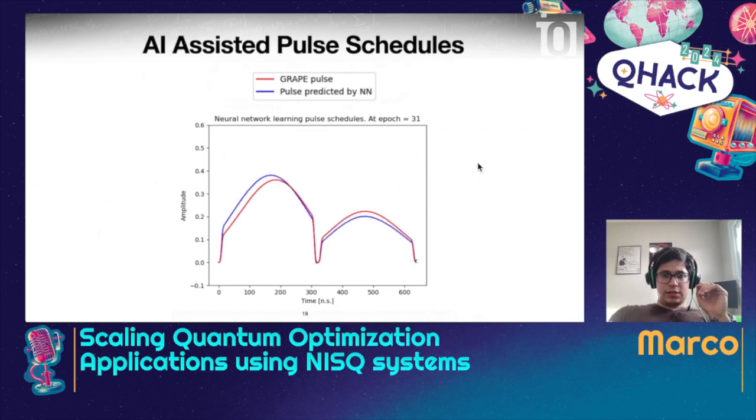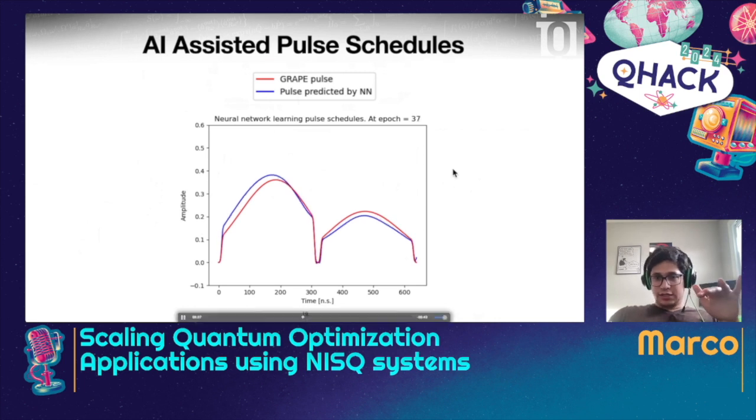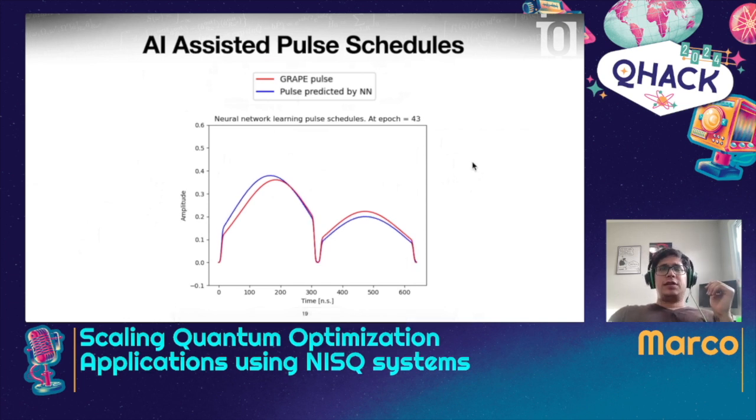It should stabilize somewhere. As you can see, it's not getting better, and it stays like this for the next 100 epochs, I guess. But that's the idea.